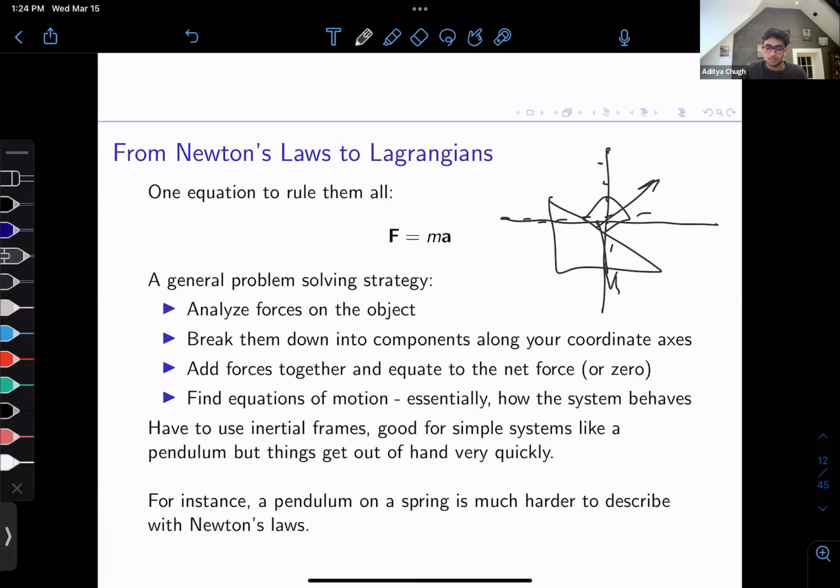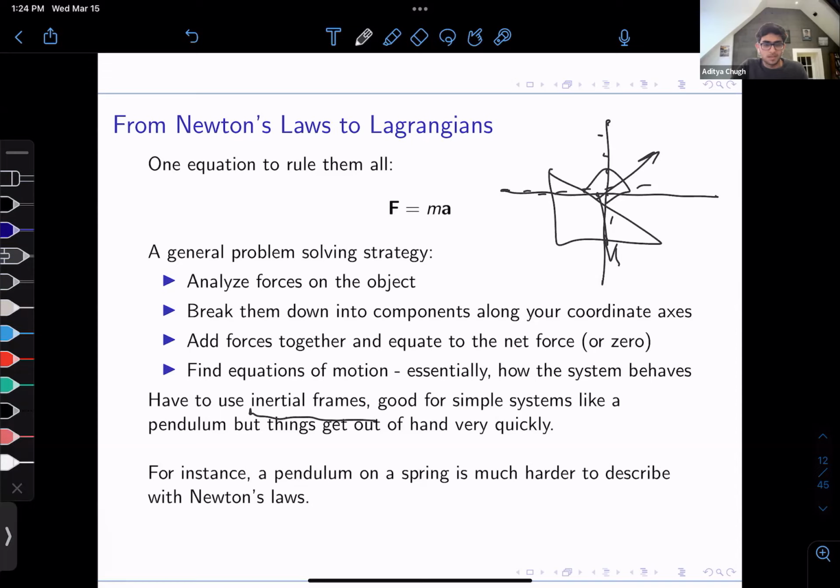Now, there are some restrictions on when Newton's laws are applicable, or the rules of where they're most useful, and that's using them in inertial frames. Inertial frames essentially are frames which travel at a constant velocity.